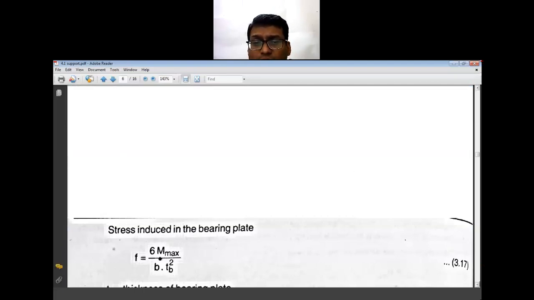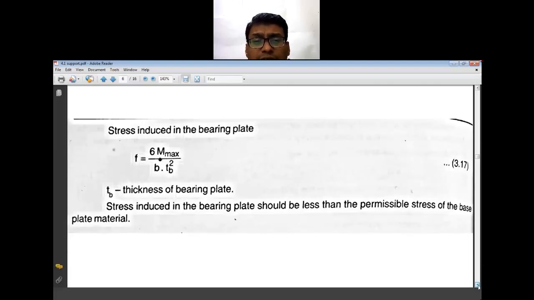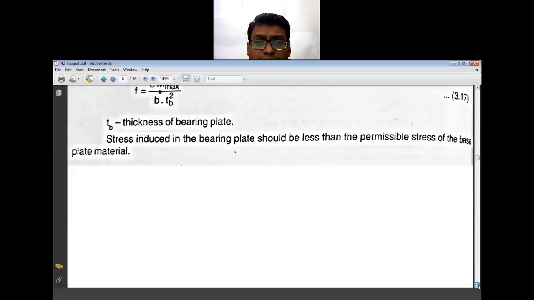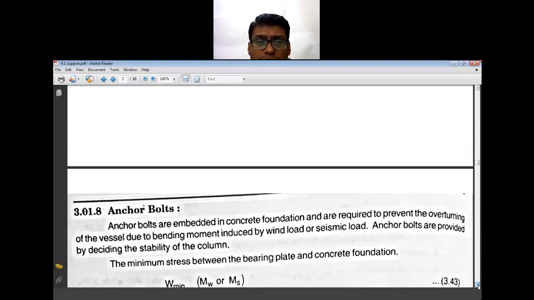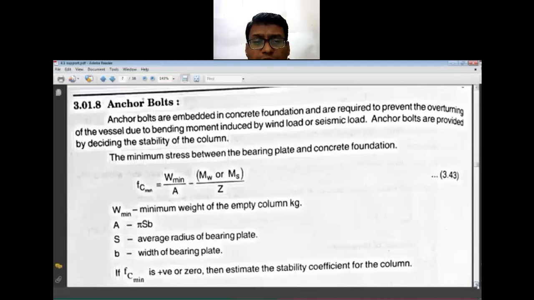So the compressive stress on this side is the summation of dead weight plus the wind forces, both acting in the same direction. However, in the other direction it is dead weight minus the stresses because of the wind.